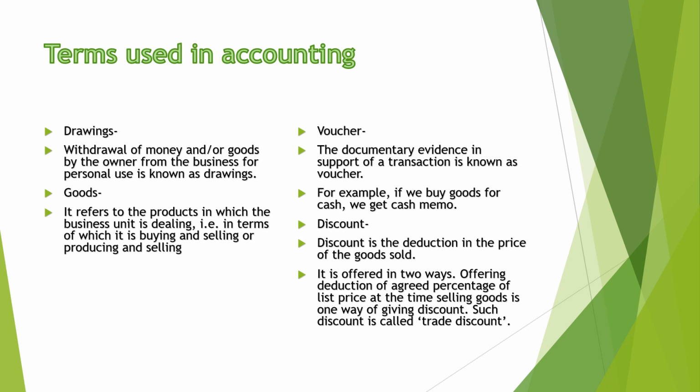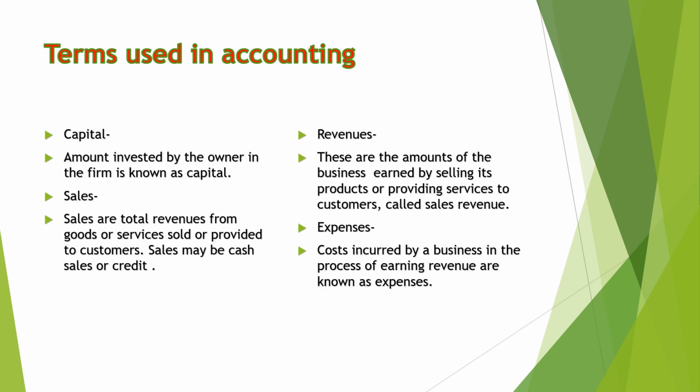Discount is deducted from the price of the goods sold. There are two types of discount, the cash discount and the trade discount. Trade discount is deducted from the bill, but the cash discount is recorded in the journal entries separately. Cash discount is given for receiving prompt cash, and trade discount to boost up, to sell more and more.